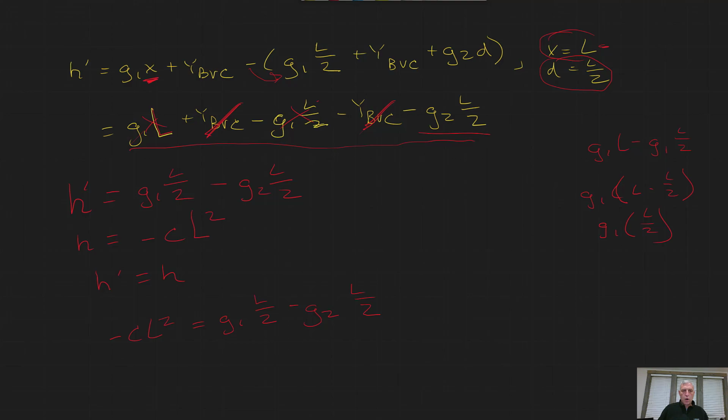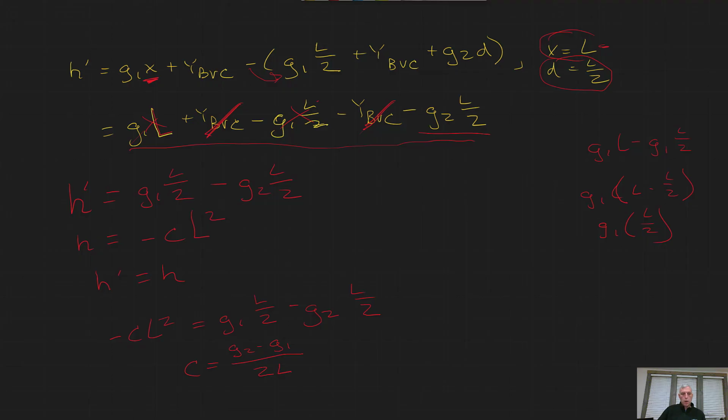And if I solve for C, I have that little minus there. I'm not going to go through all the steps of solving, it's just simple algebra. I end up with C equals G2 minus G1 over 2L.